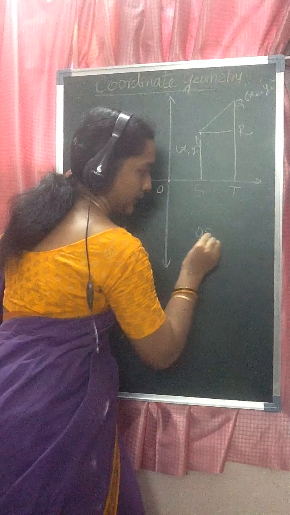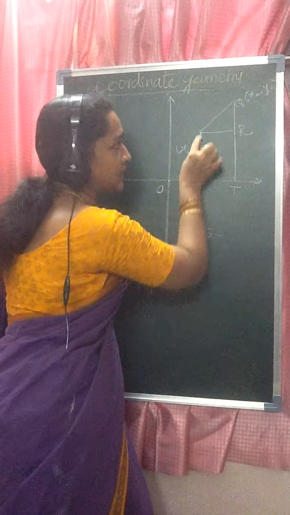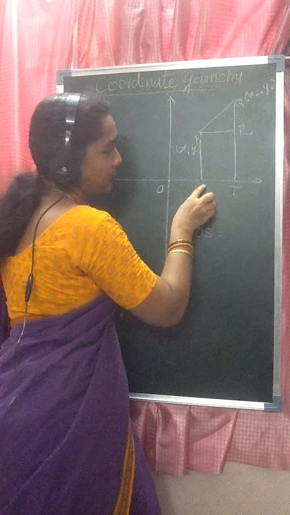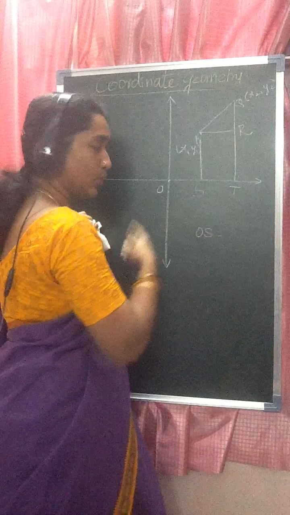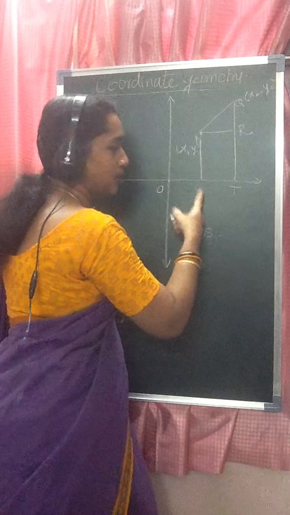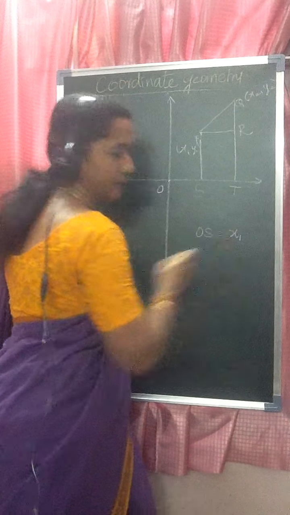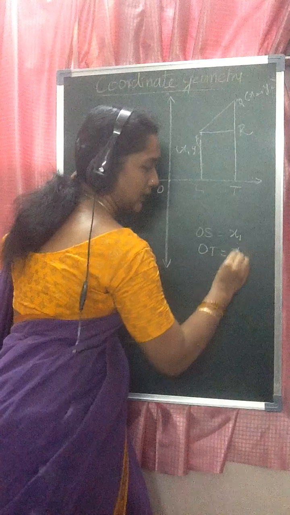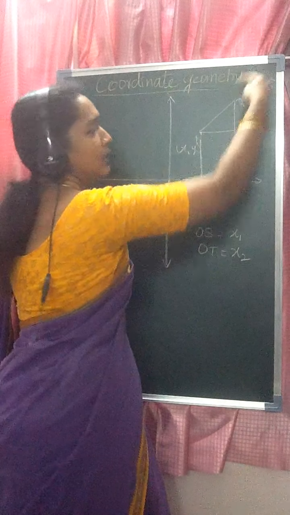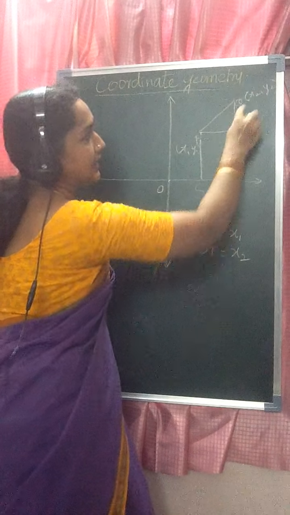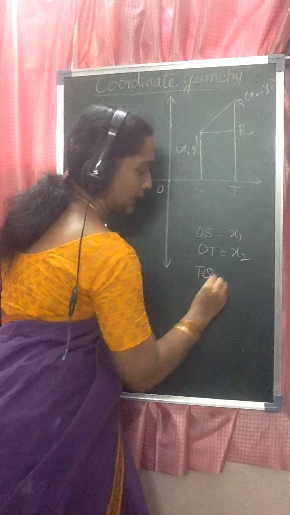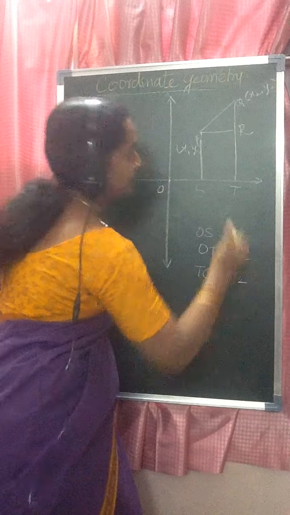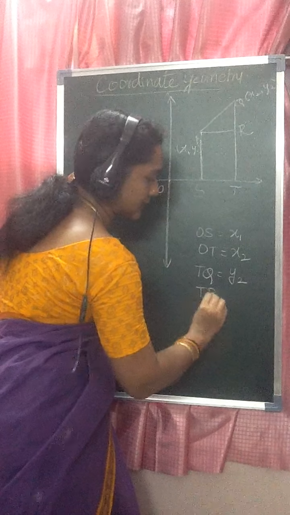Since this point is x1 on the x-axis and this point is x2, the distance between O and S is x1, and the distance OT is x2. In the same way, the length of TQ is y2 and the distance TR is y1.